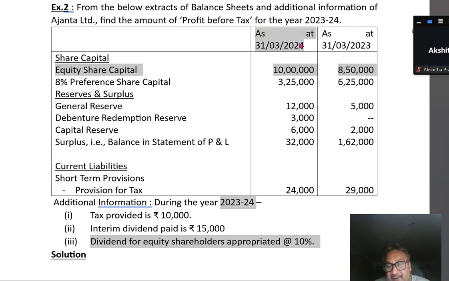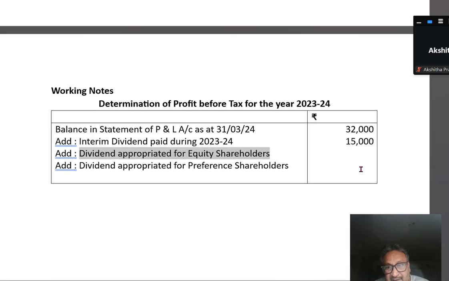During the year 23-24, we have appropriated dividend for equity shareholders, but that dividend has been appropriated out of the profits of the previous accounting year 22-23. So whatsoever is the amount of share capital as at the end of 22-23, that is 8,50,000. On that only we have to appropriate dividend at the rate of 10%. So 10% of 8,50,000 is 85,000.